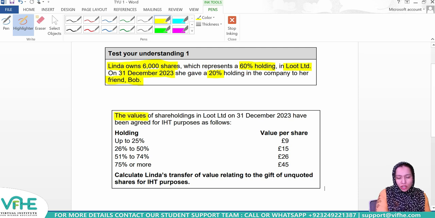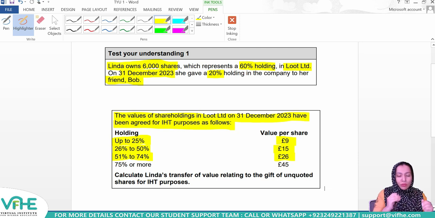The values of the shareholding in Loot Limited on 31st December 2023 have been agreed for IHT purposes as follows. Up to 25%, value per share is £9. From 26% to 50%, the value per share is £15. While from 51% to 74%, value per share is going to be higher.